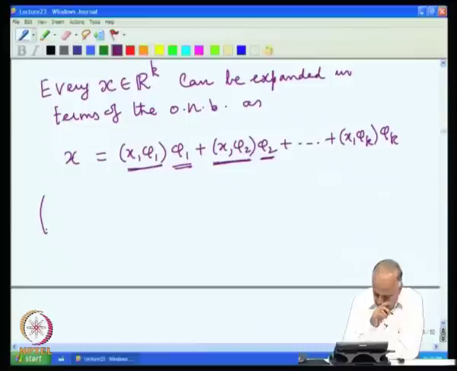In general situations, when we deal with abstract vector spaces and abstract inner products, we generalize the dot product.